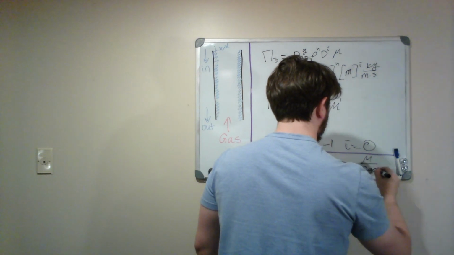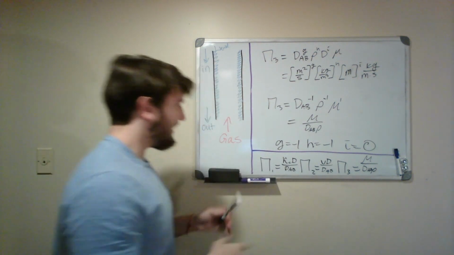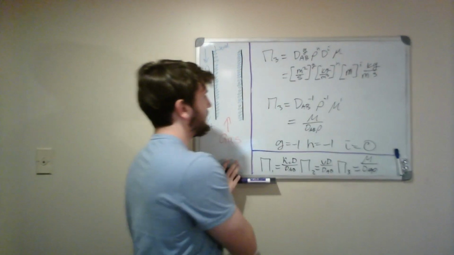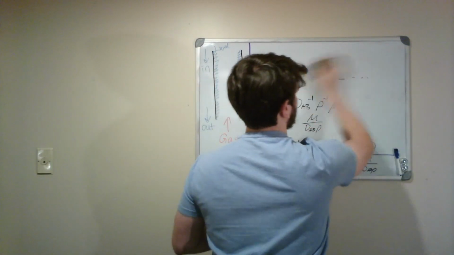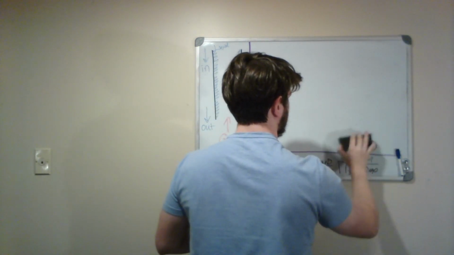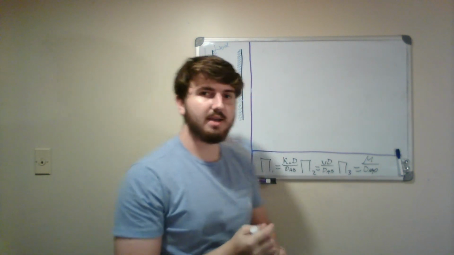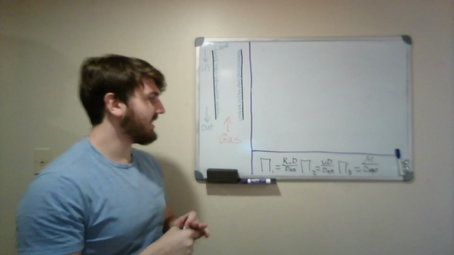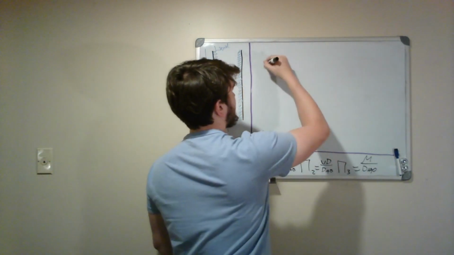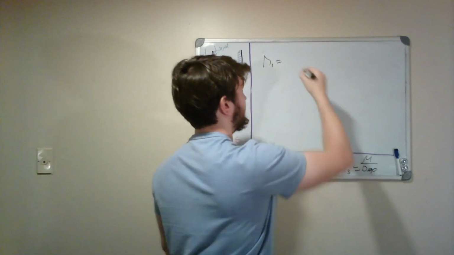Now with this, we have found a bunch of dimensionless groups. We found these three dimensionless groups, and we're going to go ahead and give them names now. The pi1, which is the mass transfer coefficient times the diameter over the diffusion coefficient, is actually going to be called the Sherwood number.